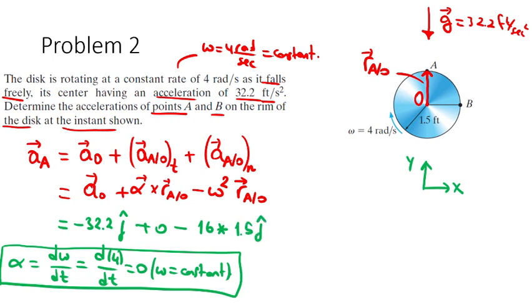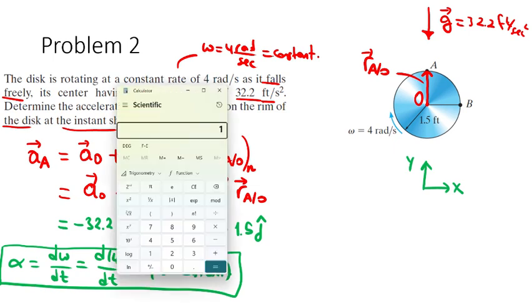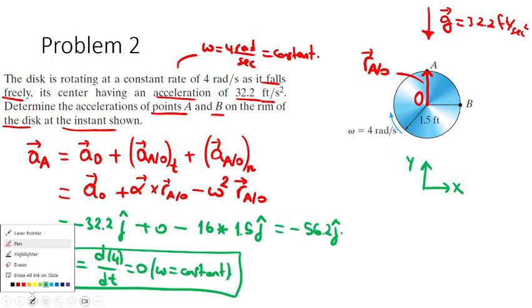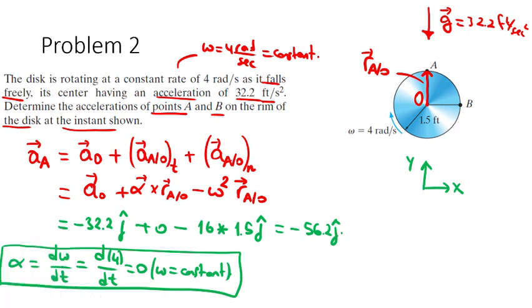If you do that calculation, 16 times 1.5 is 24, plus 32.2 is 56.2. So negative 56.2 j. It means that the acceleration of A is in the downwards direction.